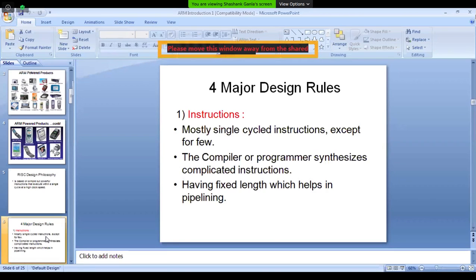Can you people decide for which case he will struggle more? Will he struggle more designing a C compiler for CISC architecture, or will he struggle more designing a C compiler for RISC architecture?